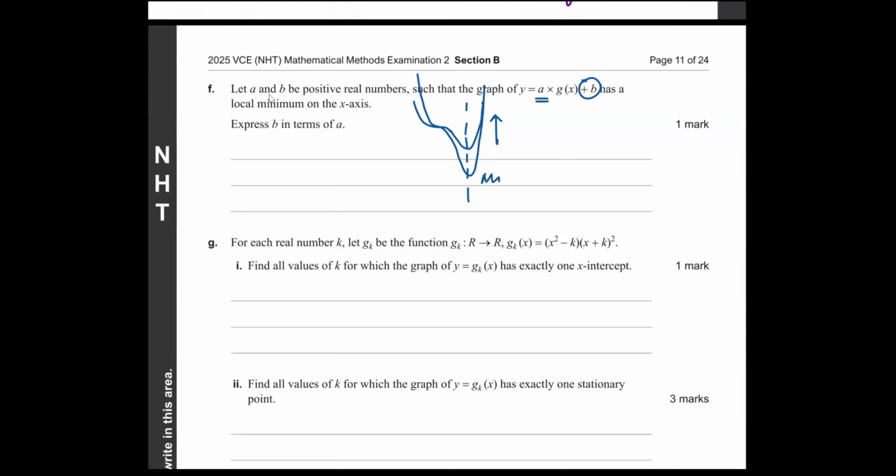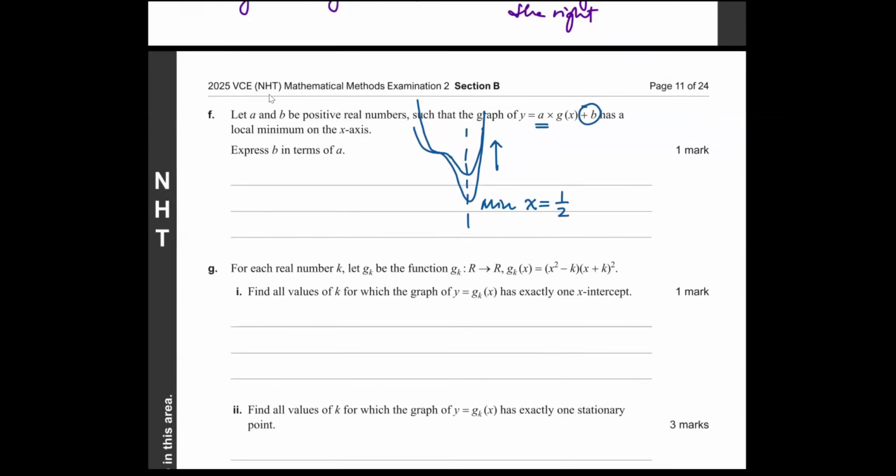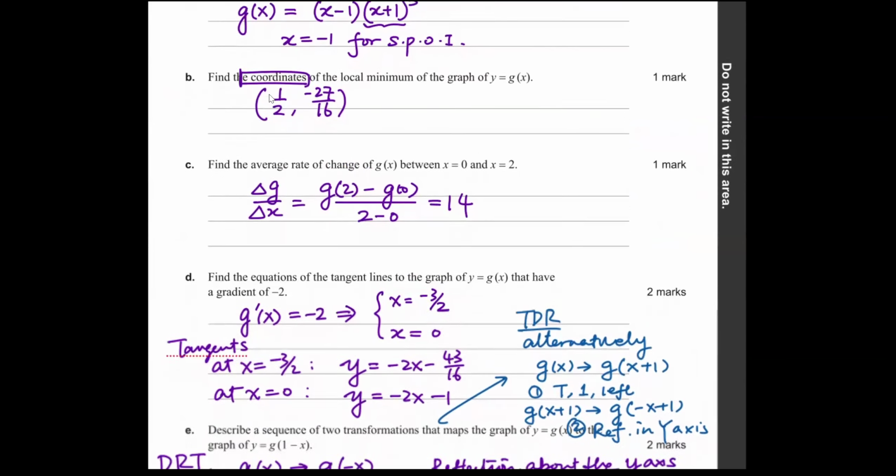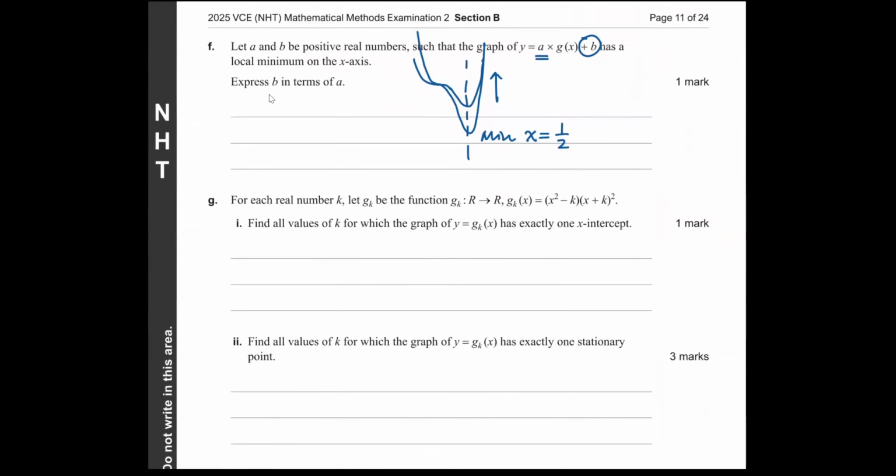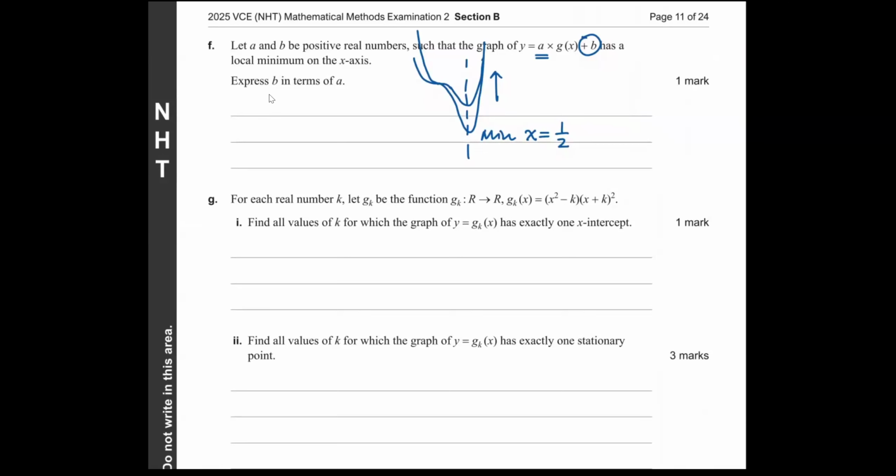So the minimum must always occur at, let's say, a half here. If you look back at part B, it's only the y value changing. So I need to have g of half times a plus b to get me the y coordinate. And that is the local minimum on the x-axis.